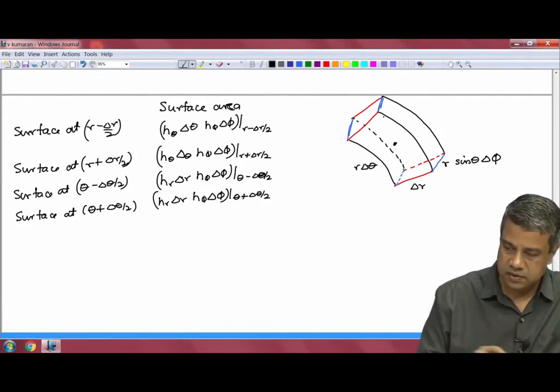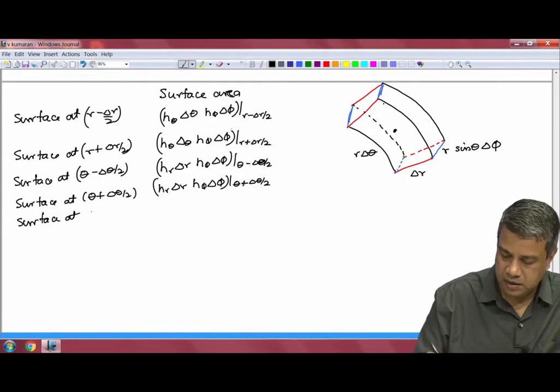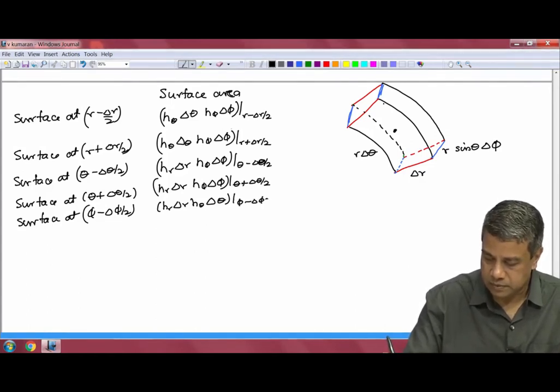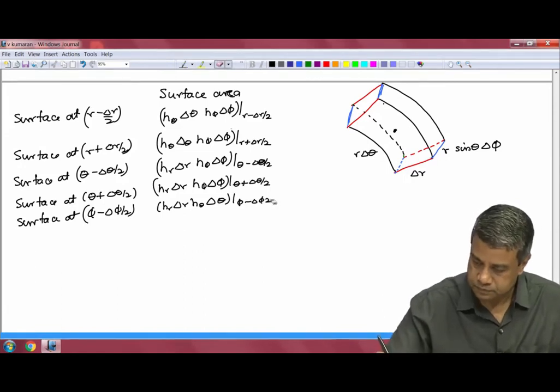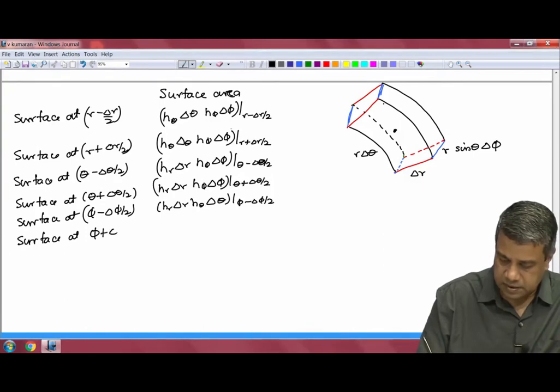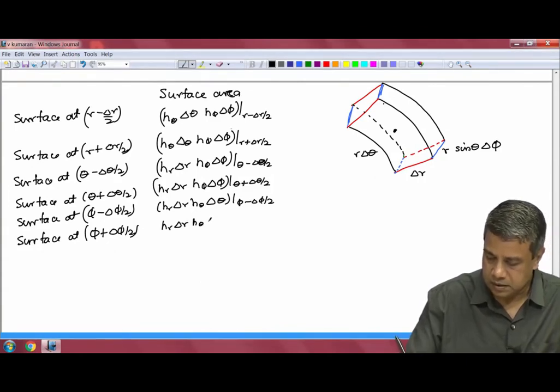And then I have two surfaces perpendicular to the phi direction. The surface at phi minus delta phi by 2 is h r delta r h theta delta theta at phi minus delta phi by 2, and the surface at phi plus delta phi by 2 is h r delta r h theta delta theta at phi plus delta phi by 2.